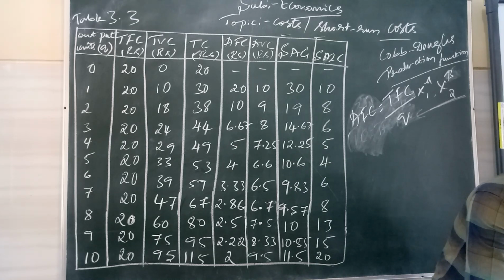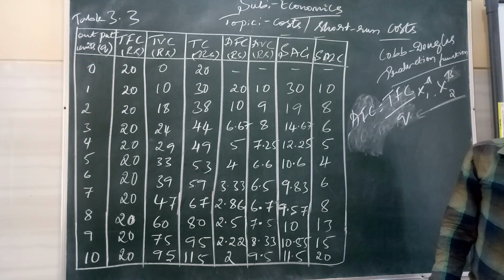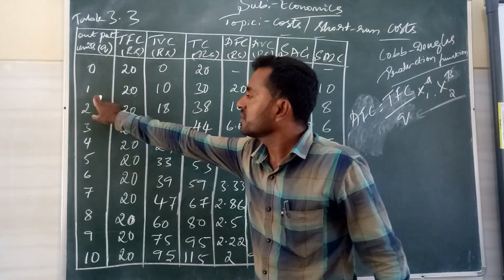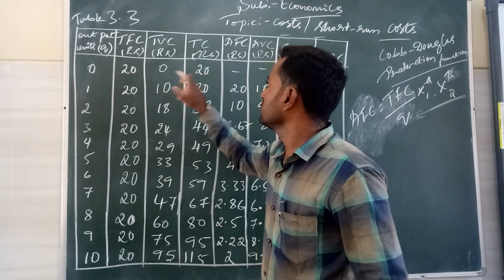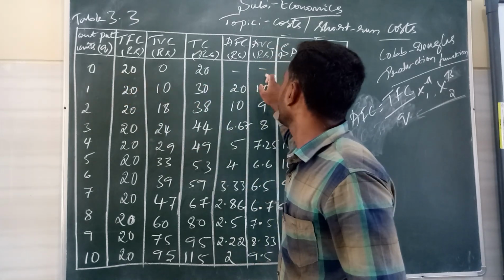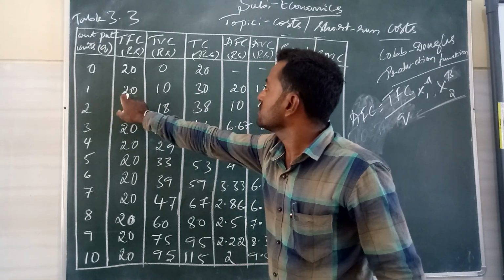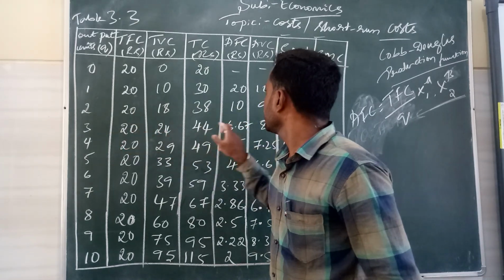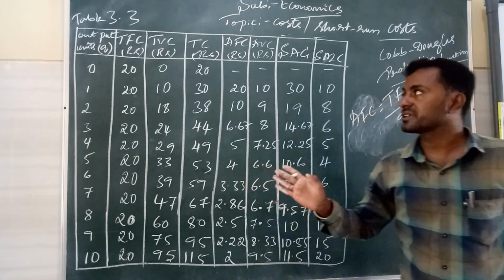Then for the first unit, AFC is 20, and then 10. See, AFC is TFC divided by Q. For example, at 0 output AFC is undefined, then 20 divided by 1 is 20, 20 divided by 2 is 10, 20 divided by 3 is 6.67. Like that, we will calculate the average fixed cost.